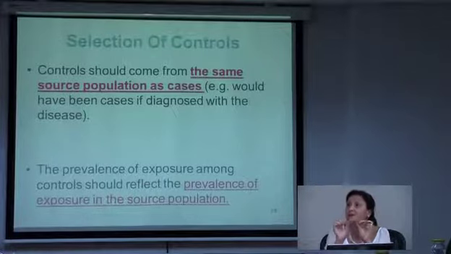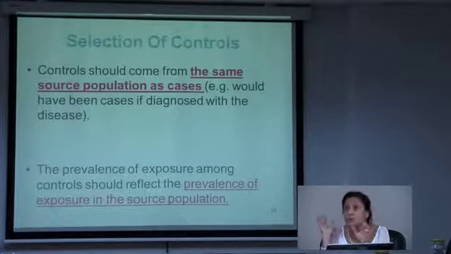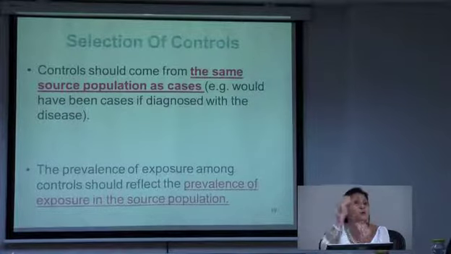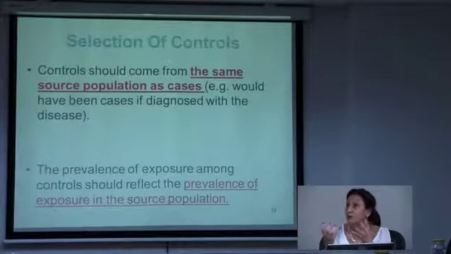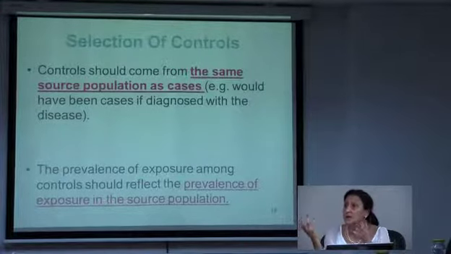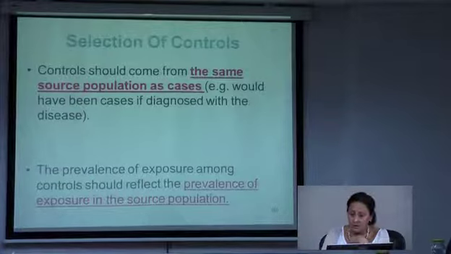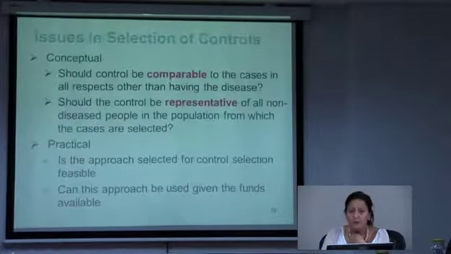It's a very selective group that's either not exposed for some reason, maybe they are nuns, or overexposed. And this is not the control that we want. We want a control that is similar to the general, healthy population where the cases are coming from.